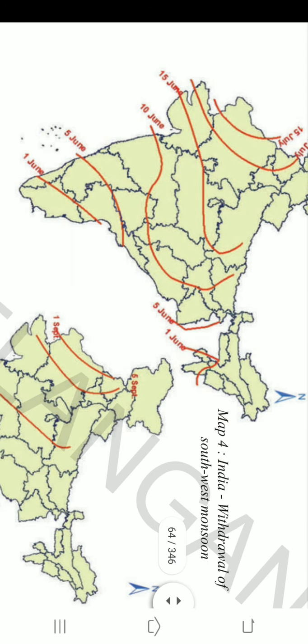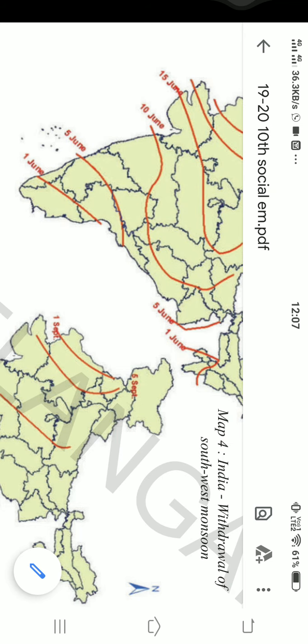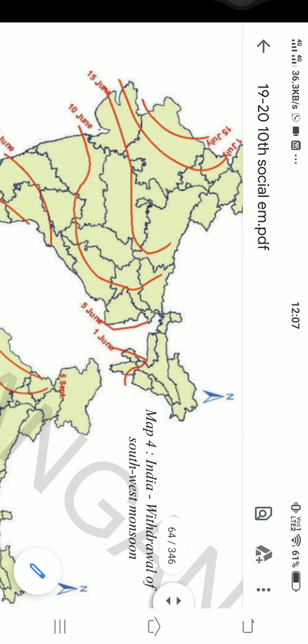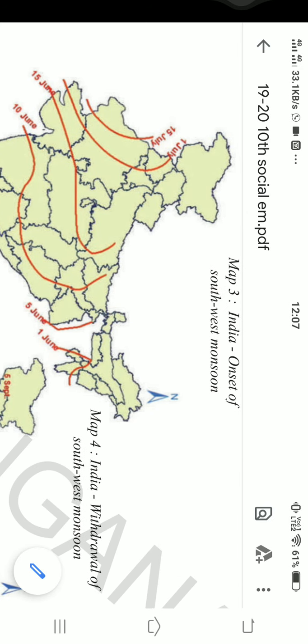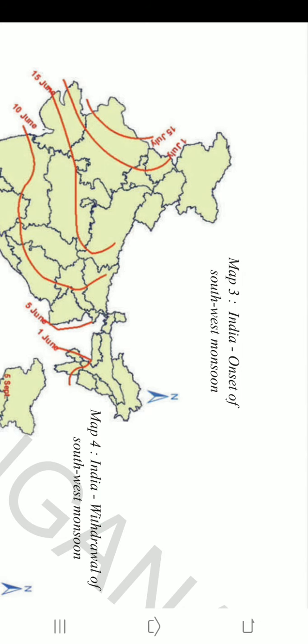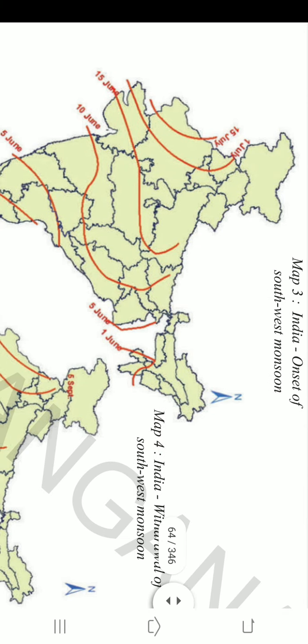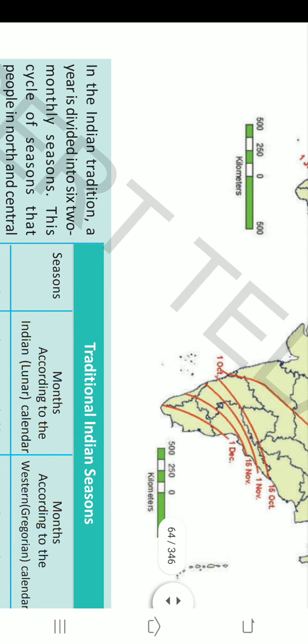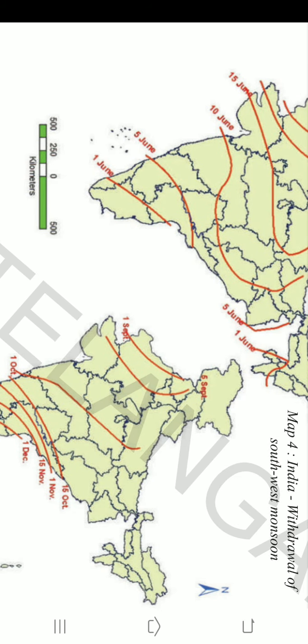The southwest monsoon winds start moving from the Indian Ocean and reach Telangana by 10th June. By 15th June, it reaches Madhya Pradesh. Understand? By 1st July, it reaches Punjab, Haryana, Himachal Pradesh, and Jammu and Kashmir. This is the movement of the southwest monsoons.